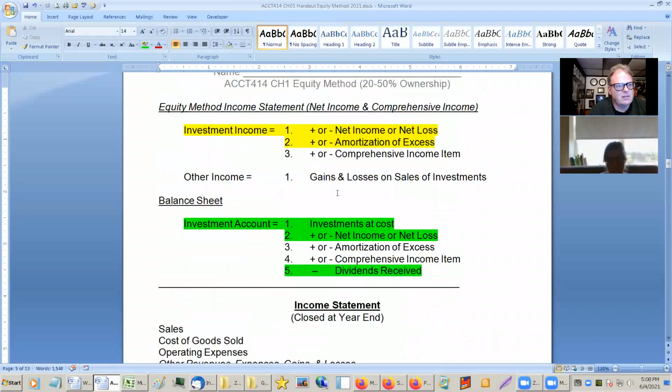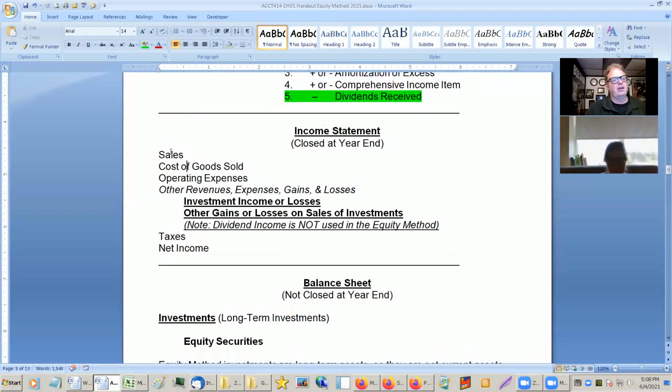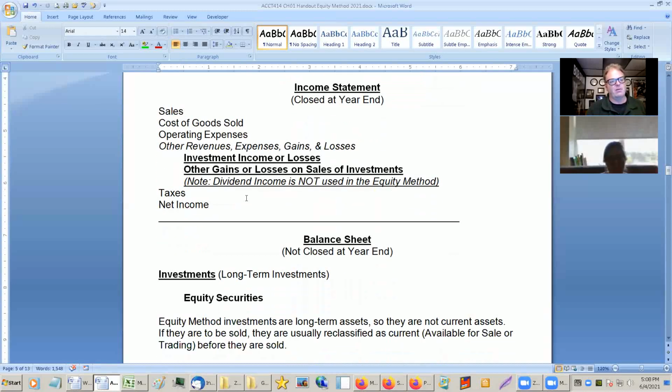Let me just cover this. Oh, I know why I put this in here. Where do the gains and losses and all that kind of stuff go? So this is our income statement, the multi-step income statement that you remember by SCOOT.